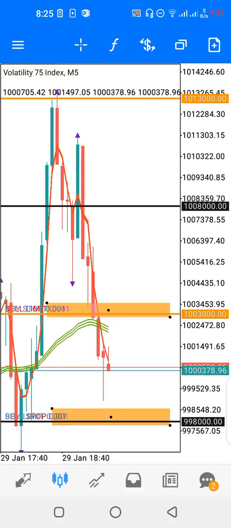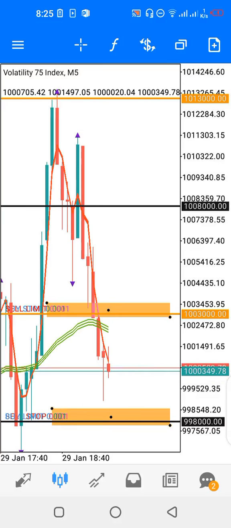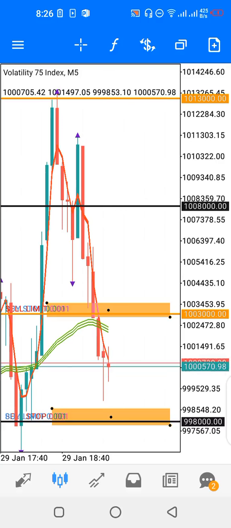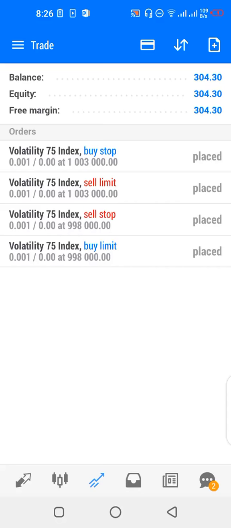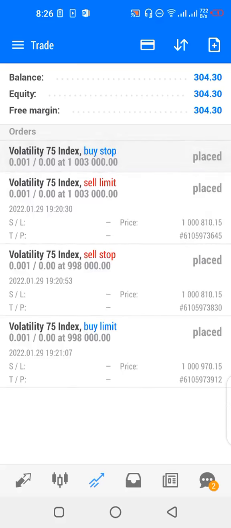With the second pending order, I'll look at the charts and try to identify the direction where price will head to. And if I'm unable to identify with the 2 hedge trades triggered, then I'll bring in a third hedge trade. Now, my first entry lot size is going to be 0.001 for $300. That's what we have for all the pending orders.